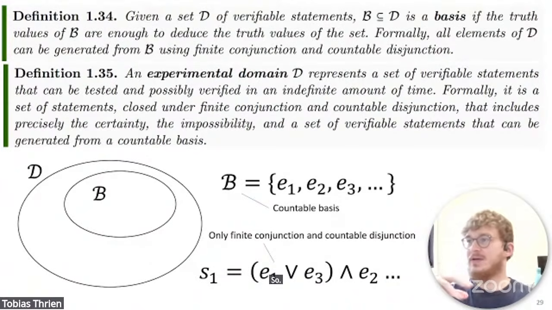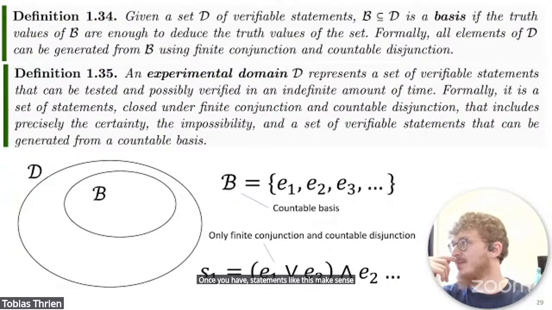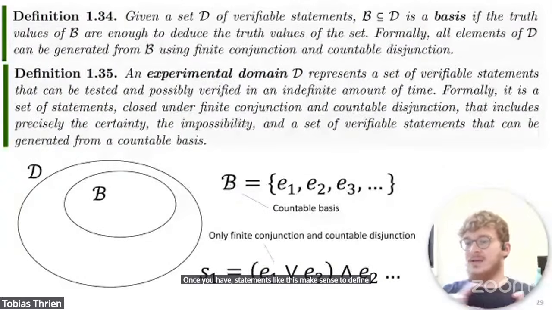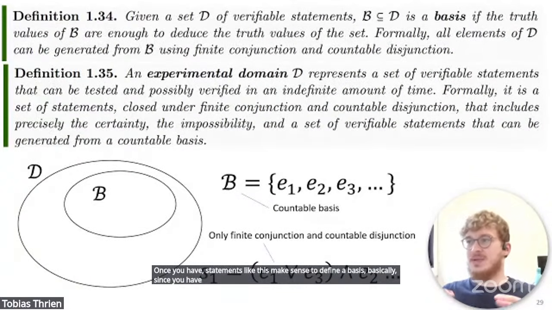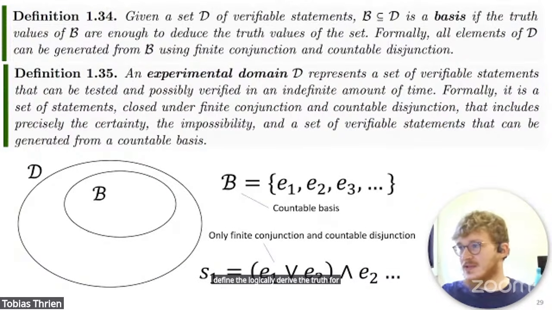Once you have statements like this, it makes sense to define a basis. Since you have lots of logical relationships with and and or, you only need to know the truth value of some basis of statements, and then you can logically derive the truth for all ands and ors.